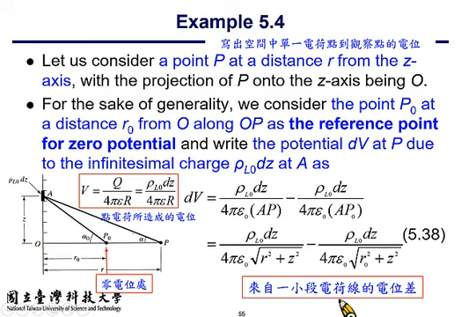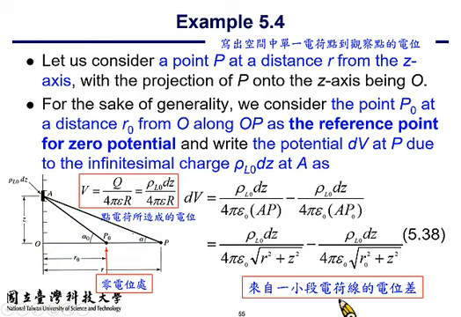So for this line charge distribution, Q, the total charge in each small section, can be expressed as rho sub L0 times dz. dz is the length of this line charge. Rho sub L0 is what? Is the line charge density, which is the uniform value along this line. And R is the distance.